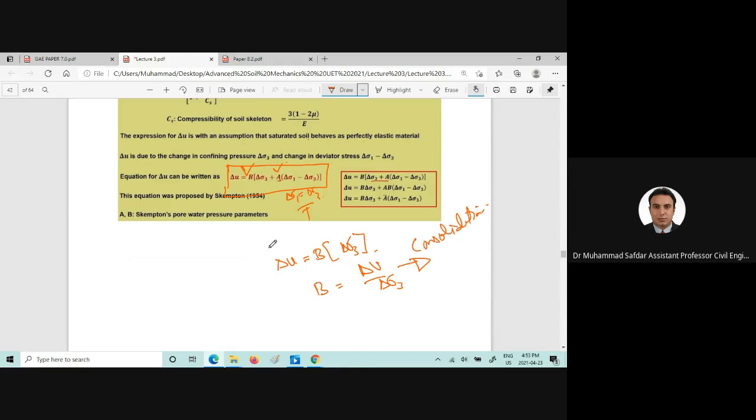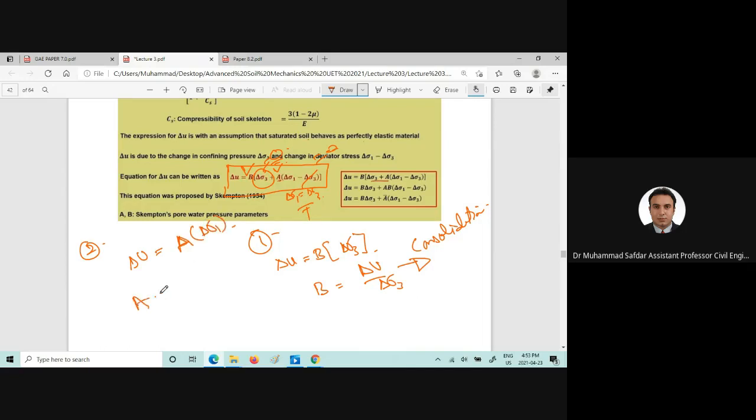Now for stage 2, delta sigma 3 is equal to 0 because sigma 3 is constant. Delta sigma 3 is 0, so delta U will become A into delta sigma 1.